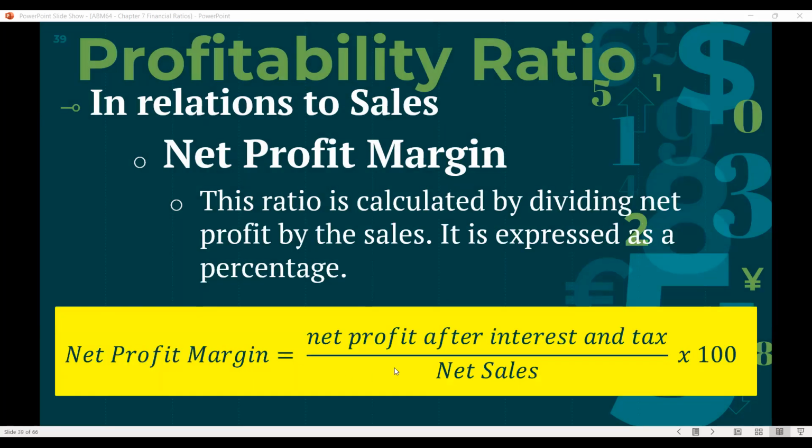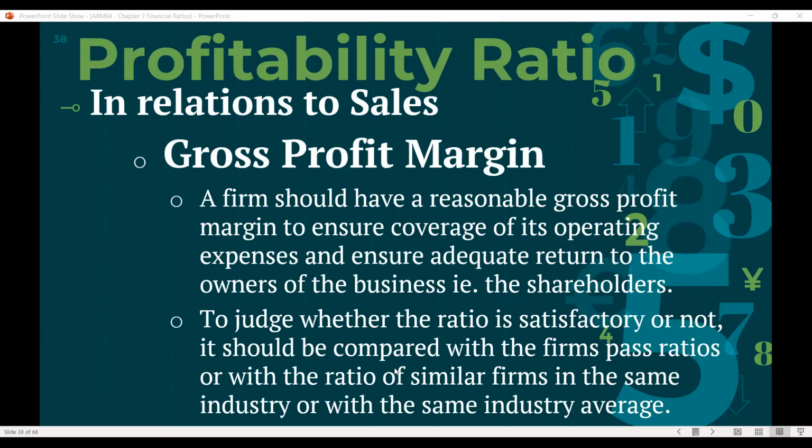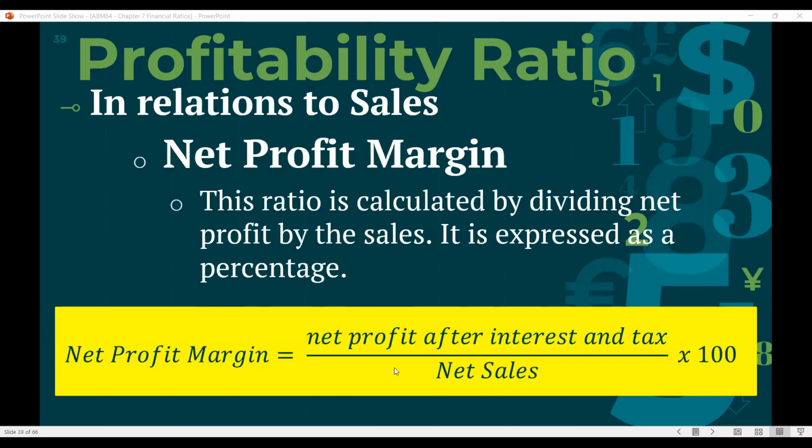For you to know that there is a margin already set between your net profit and net sales that will cover all your expenses. So that is the focus of net profit. It is also expressed as a percentage given that it is multiplied by 100.